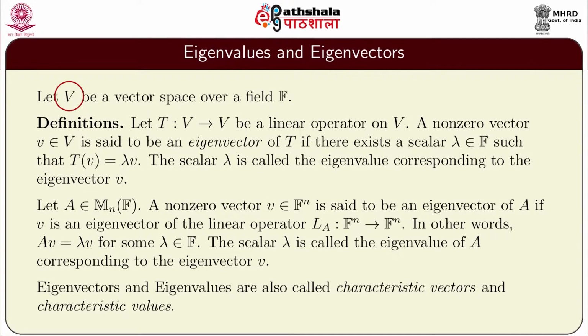Let V be a vector space over a field F and T a linear operator on V. A non-zero vector little v in the vector space V is said to be an eigenvector of T if there exists a scalar lambda in the field F such that T of v is lambda v. This scalar lambda is called the eigenvalue corresponding to the eigenvector v.